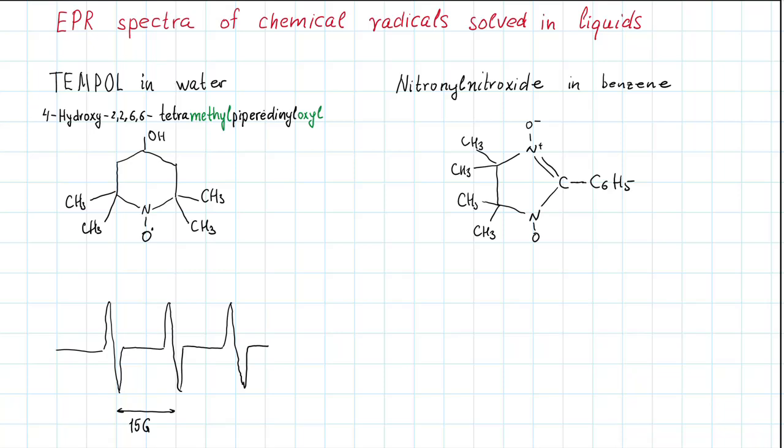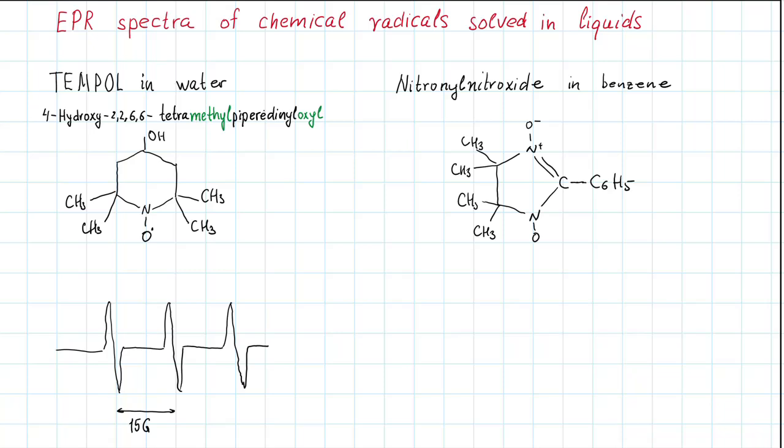Hence, we can guess that the state of the nuclear spin affects the unpaired electron spin by changing its eigenfrequency, which leads to the observation of three different lines. This can be a short explanation of the tempol EPR spectrum, and later we will consider it in more detail.